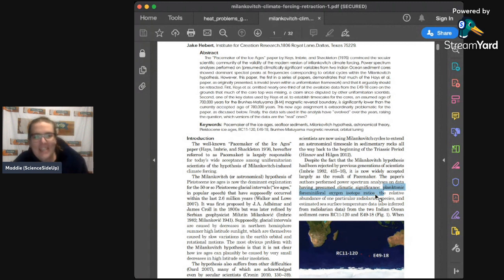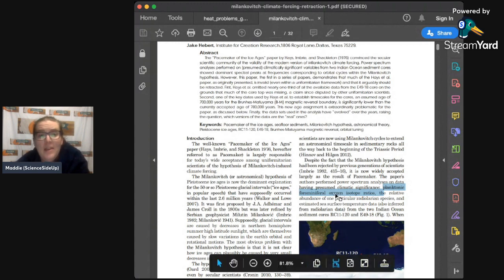There's a lot of work that says that's true. And so you would need to demonstrate that all of that work is wrong. You can't just say the paper's authors presumed these were climatically important variables, right?